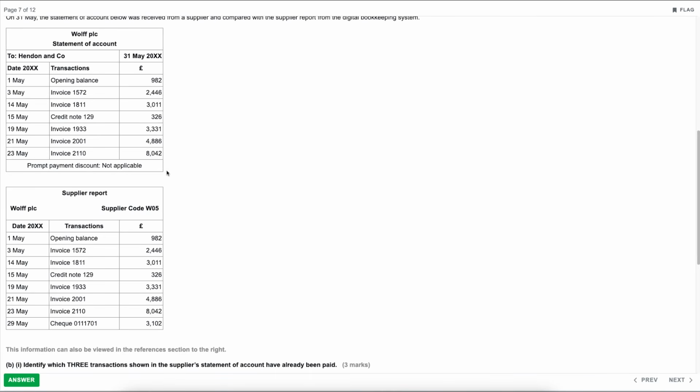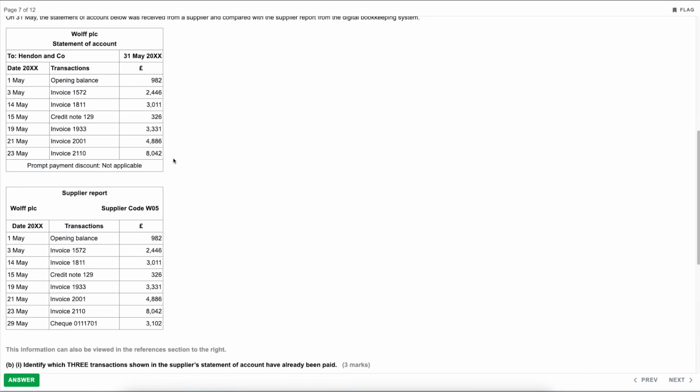So what we need to do is basically try and break these figures down and see what matches up. Now what I would recommend doing here is first adding the two together. We can see that this number here for this check doesn't directly match off to any of these figures within the statement of account.